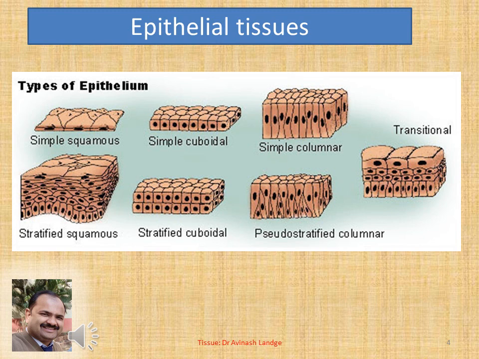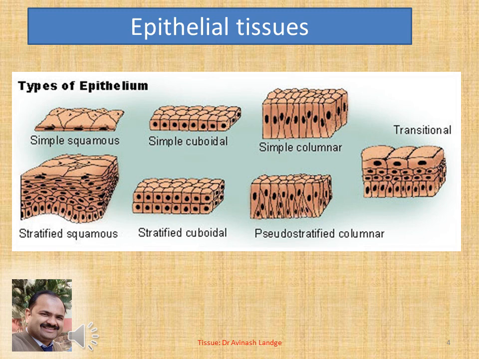Here is squamous epithelial tissues. So the first type is also called a pavement epithelium. These cells are arranged end to end like tiles on floors. You can see the first figure, simple squamous epithelial tissues. So they are arranged like tiles on the floor. Cells are polygonal in surface view.